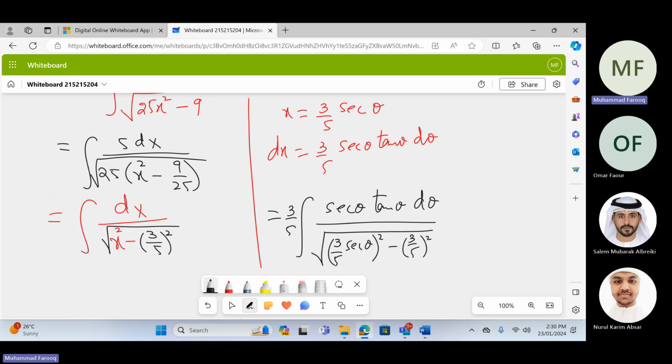I just put the values in the equation, please. This x is 3 by 5 secant theta, and x has a square.